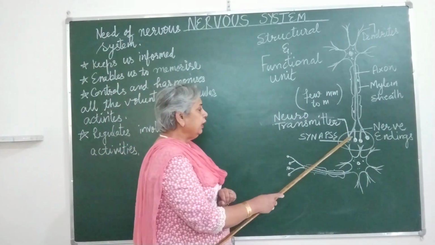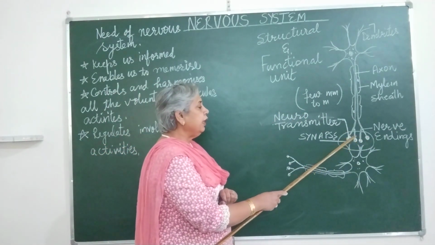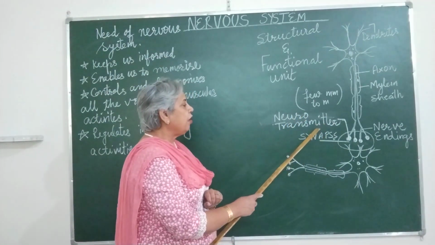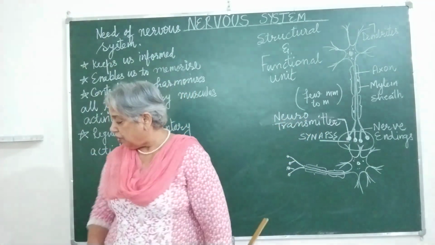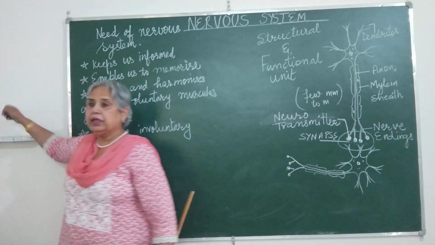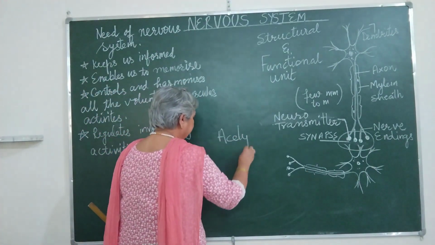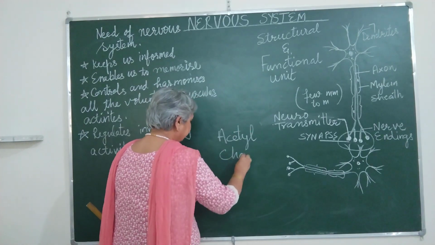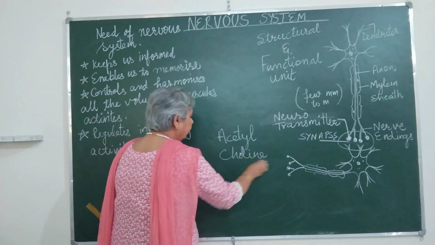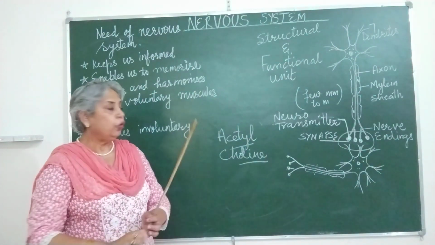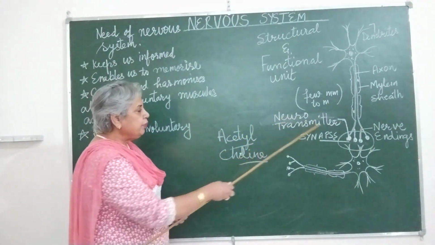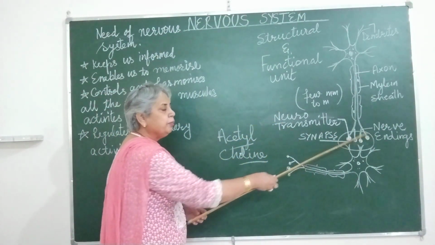Now, here in the bulbs, there is stored a neurotransmitter. Neurotransmitter is a chemical named acetylcholine. Okay? Acetylcholine is the neurotransmitter stored in these bulbs.